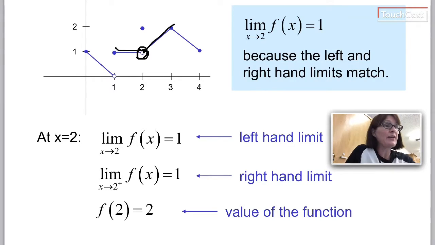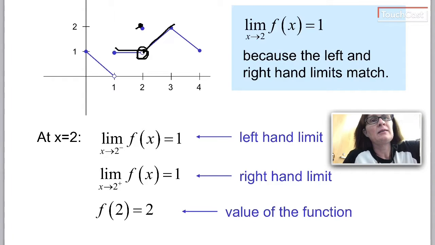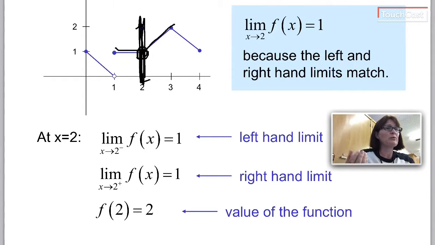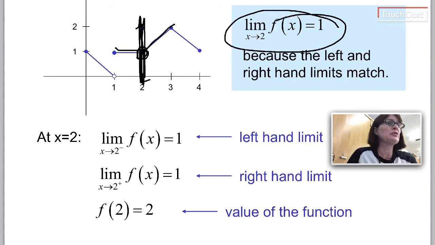The function value is the y value they got colored in. That's all the way up there. That's 2. But I can say that the limit does exist because the left-hand limit and the right-hand limit match. The limit is not about what actually happened, but from the left I was approaching y equals 1, from the right I was approaching y equals 1. The limit as x approaches 2 is 1.